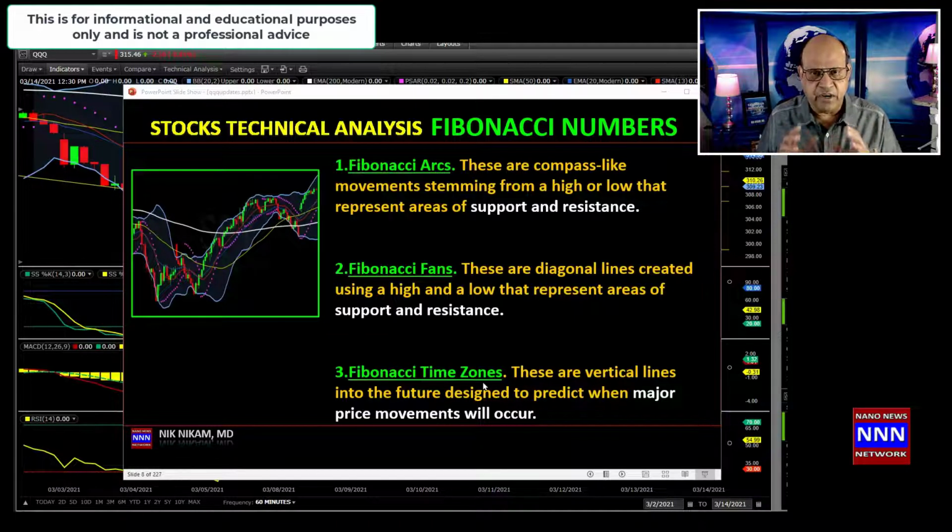Most people don't understand or don't apply the time zones, because when it takes like 12 hours for an impulse wave to form, like 1, 2, 3, 4, 5, if it takes 12 hours for the impulse to form, the correction cannot be done in 4 hours or 6 hours.